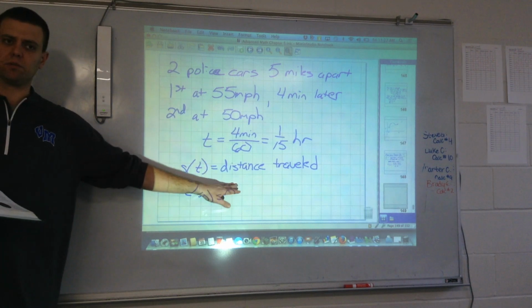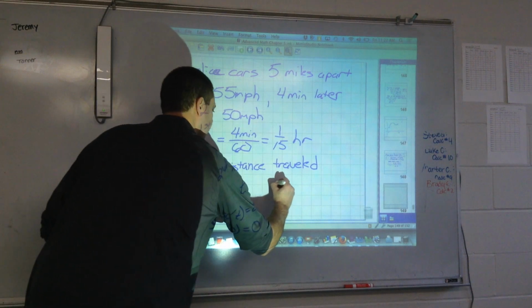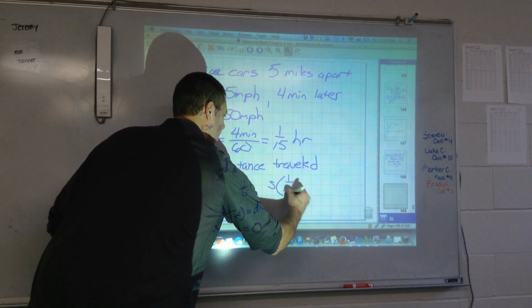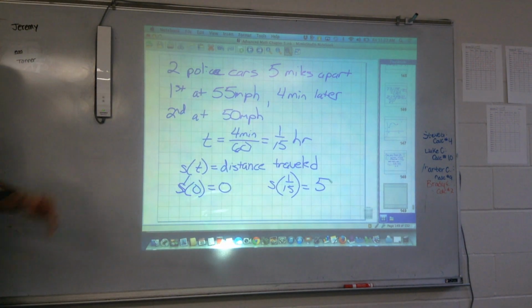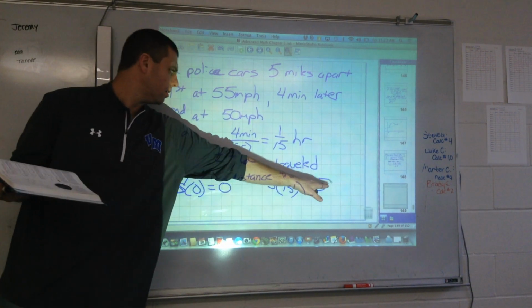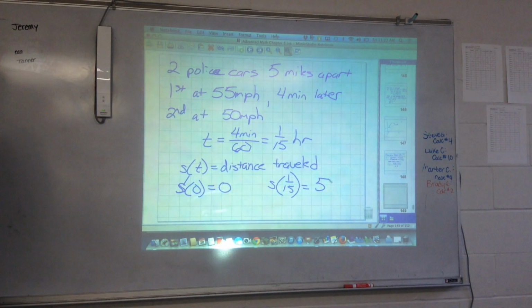So s of 0 equals 0. And then s of 1/15 equals 5, because 1/15 of an hour later, he had traveled 5 miles to meet up with that second patrol car.